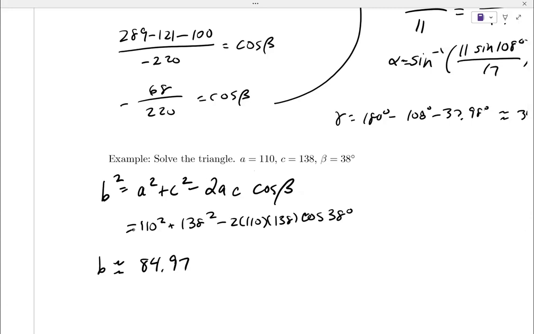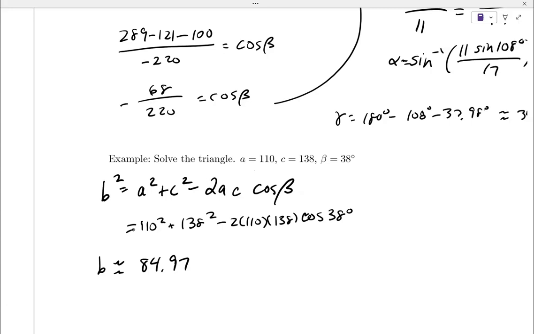However, you can only have one obtuse angle, right? So I know the biggest angle is across from C. So if I find the angle across from A first, it has to be acute. Does that make sense? Okay. So when I'm trying to use my law of sines to find an angle, I'm really trying to force it so I find the acute angle, and I don't have to worry about trying to check a supplement.